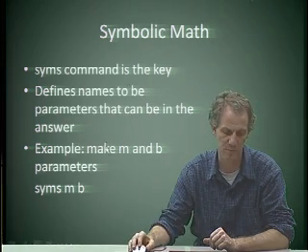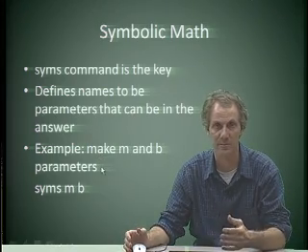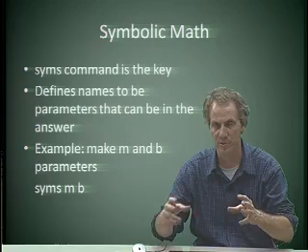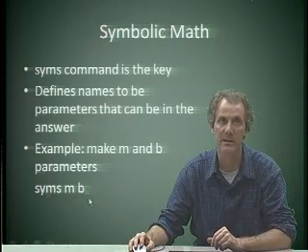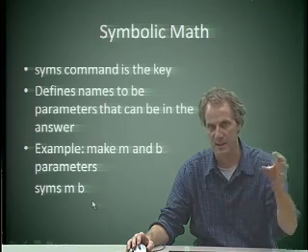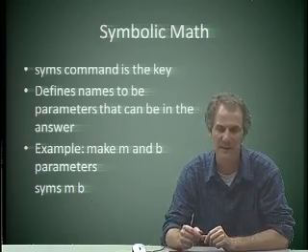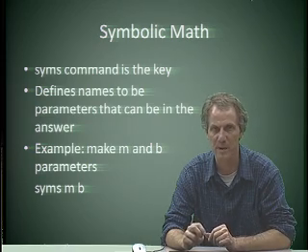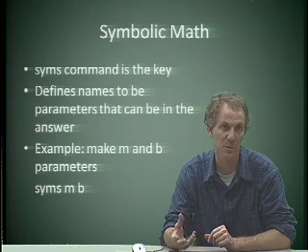So for example, if you wanted to do something with lines and you wanted M and B to be in the answer for slope and y-intercept, and you don't want numbers, you just want those letters, then you could define syms M B, and when it does the algebra, it'll actually manipulate that around as if it was doing algebra. I think the name of the software this used to be called was Maple, and it was absorbed into Matlab. It's kind of a competitor, an old competitor of Mathematica.